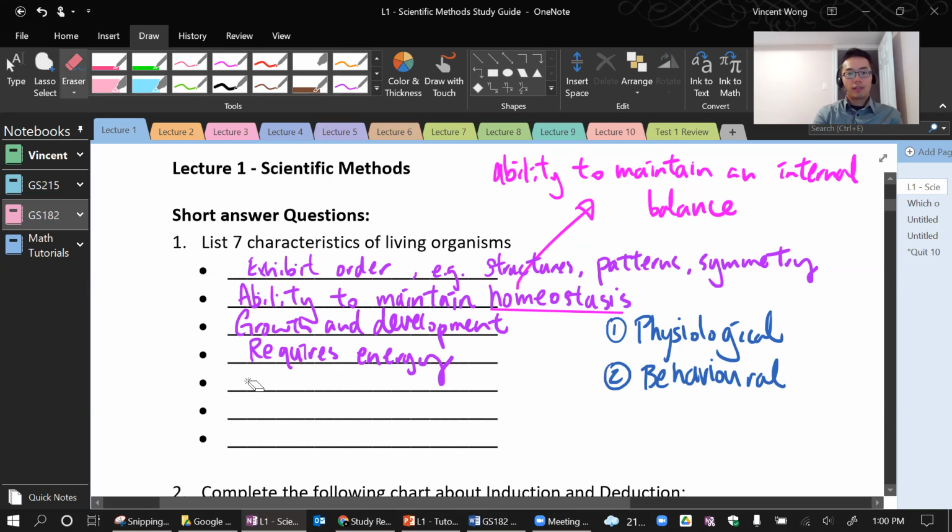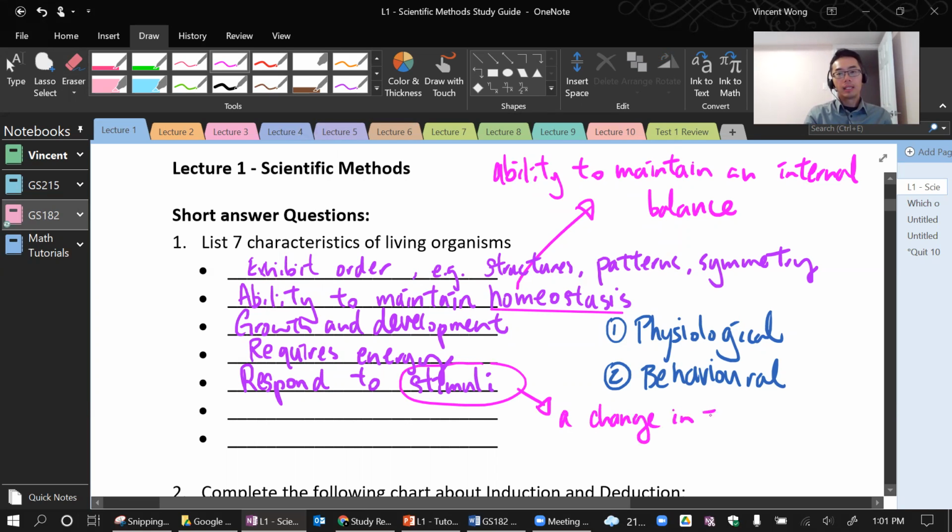Living organisms are also able to respond to stimulus, or stimuli, which is the plural. A stimulus is basically a change in the environment.